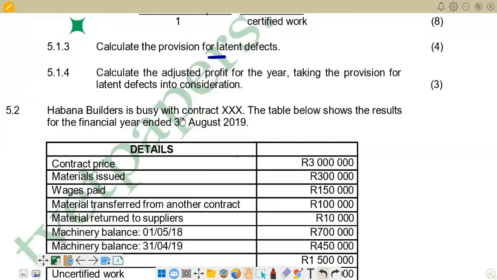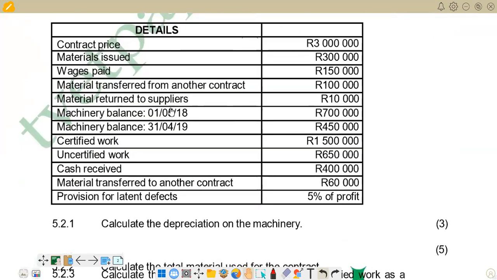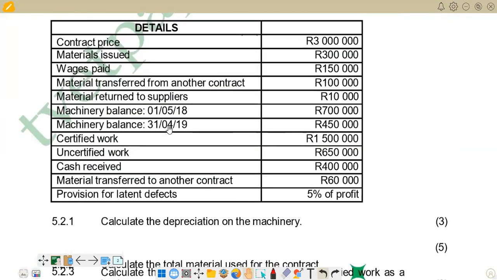Banner Builders is busy with contract XXX. And the table below shows the results for the financial year ended 31 August 2019. So we are given a table there. And then the first question is saying calculate the depreciation on the machinery.